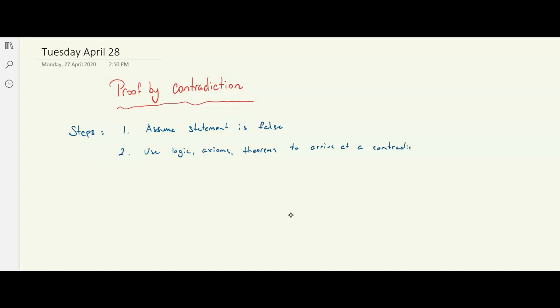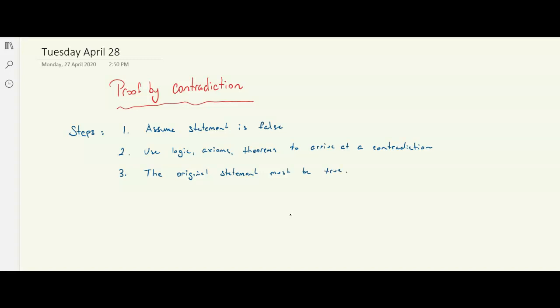It's going to break down somewhere, and it's going to be a block, and so we're going to go back and say, well, the assumption must have been wrong. And so our third step is to acknowledge that the original statement must be correct. The original statement must be true.